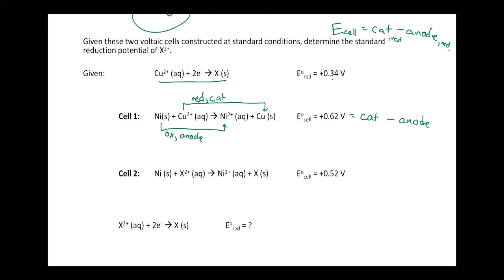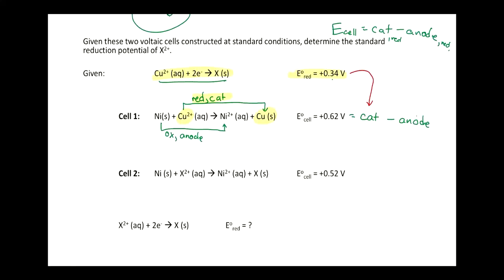So which one of these do we know already? Do we know the cathode's reduction potential or the anode's? The cathode. Look, copper is being reduced. It is the cathode. I gave you the reduction potential for the cathode, so I'm going to put this number in the cathode spot. But if the reaction was different and copper was being oxidized, then we would put that number in the anode spot instead.